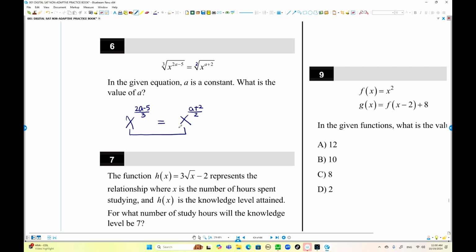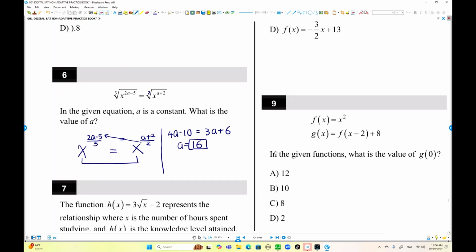Common base number, exponent should be equal, right? So cross multiplication is better. 2 times this one: 4a minus 10 equals 3a plus 6. So minus 3a, a equals 10 plus 6, 16. Okay, the value of a is 16.